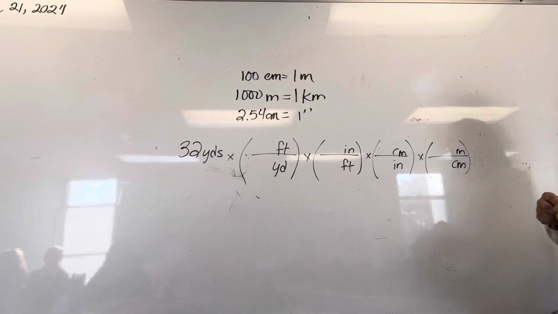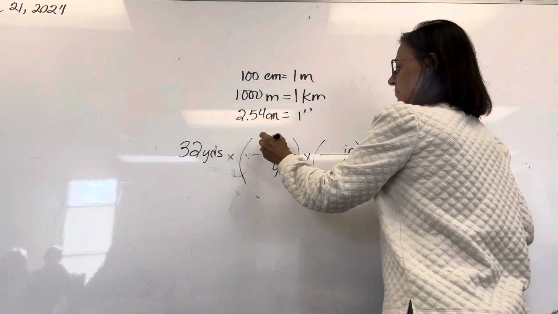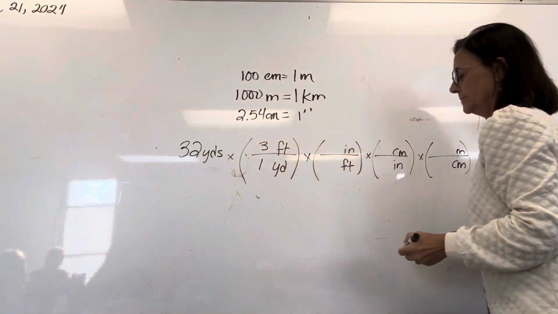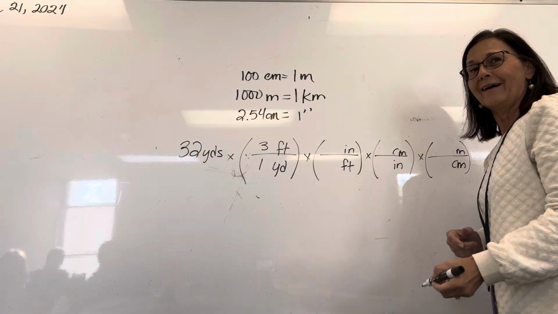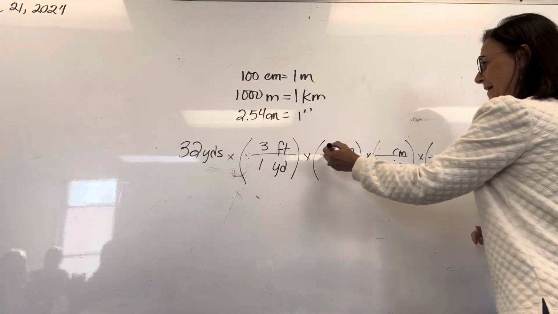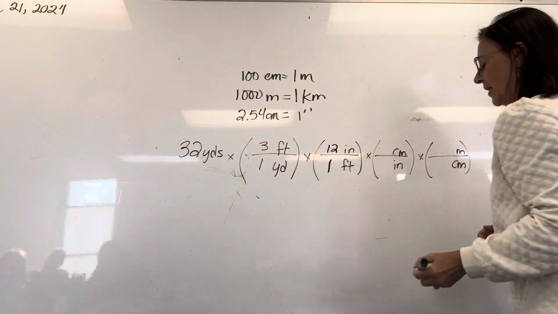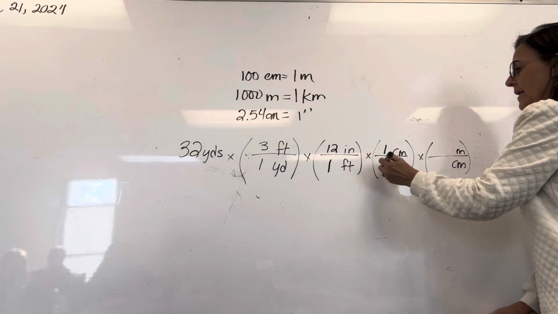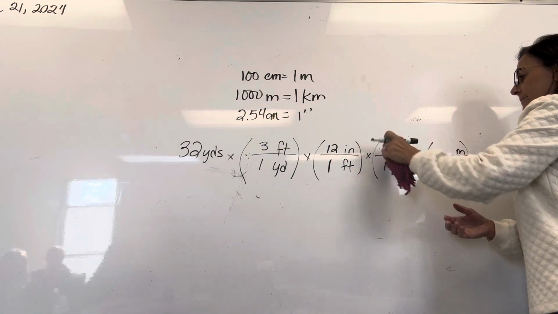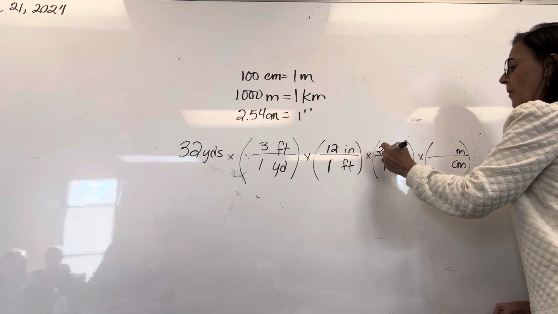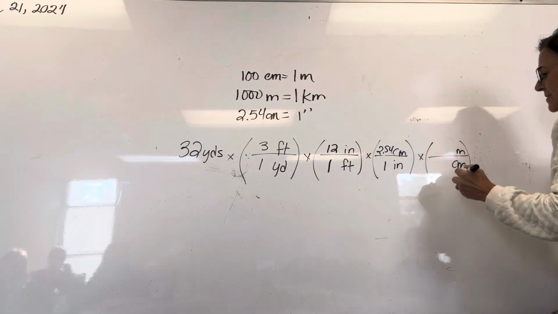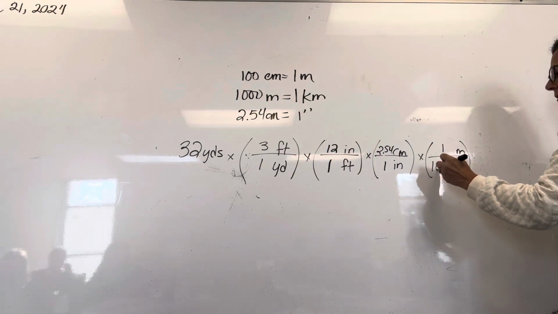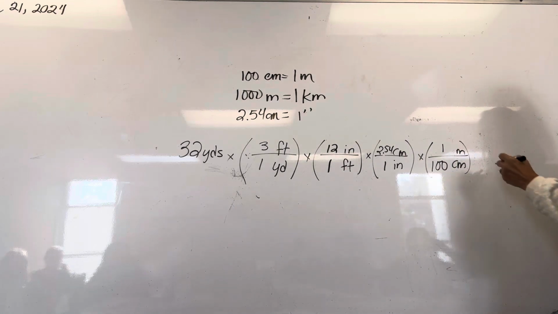There's 3 feet in a yard. Y'all should know this, right? Please. There's 12 inches in a foot. 1 inch is 2.54 centimeters, and 1 meter is 100 centimeters.